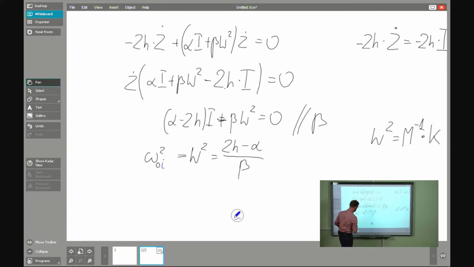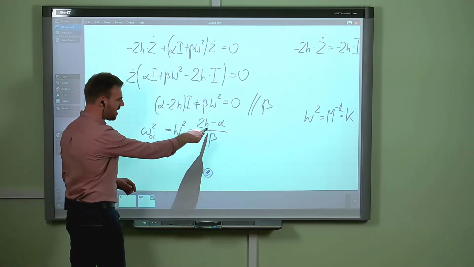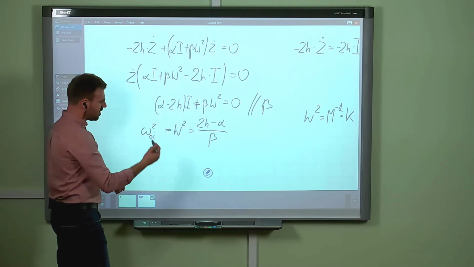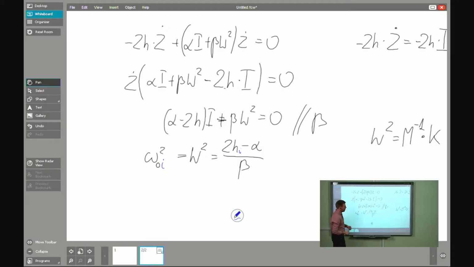with the indicator I. And look, because we are looking for the damping coefficient where such an equation will be true, we have to consider the set, I mean the sequence of the values h.